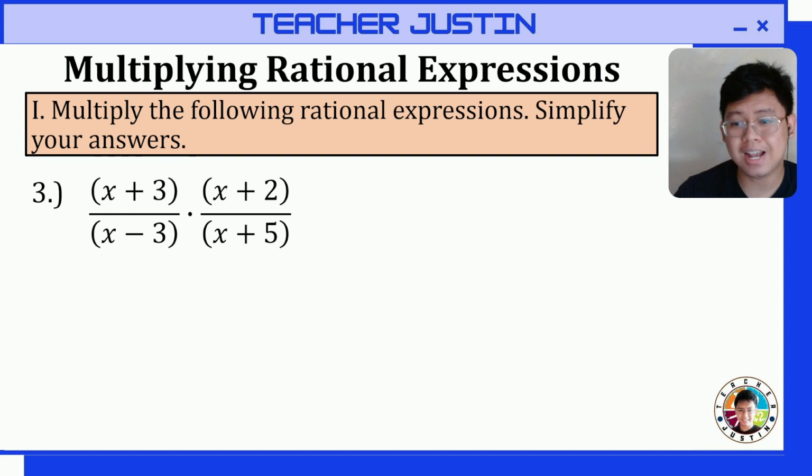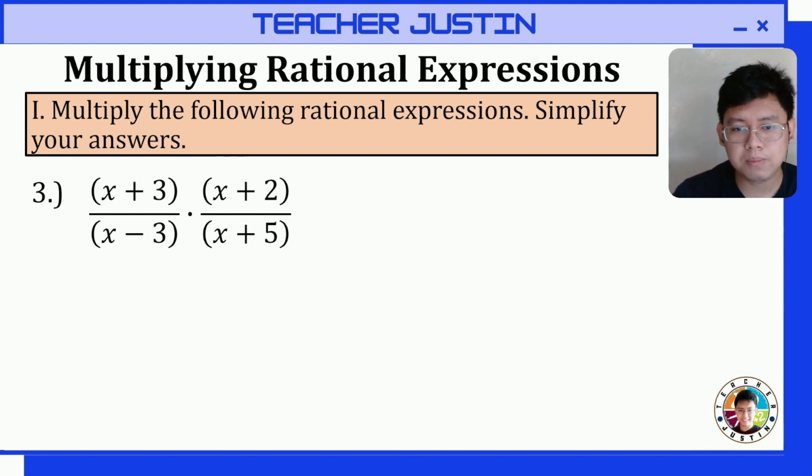Let's multiply this rational expression. So, meron tayo dito dalawang rational expression and we're going to get their product. So, pag nagmumultiply tayo ng rational expression, our first step is to get their factored form. So, yung factored form ng ating numerator and denominator, since hindi na natin sila pwedeng i-factored, then we will just proceed to our next step.